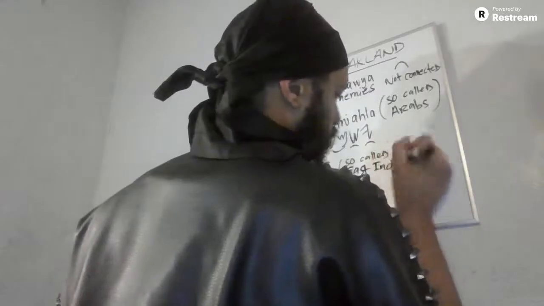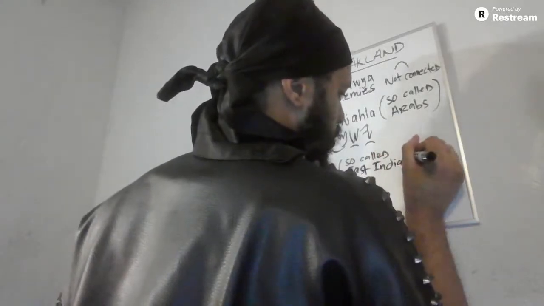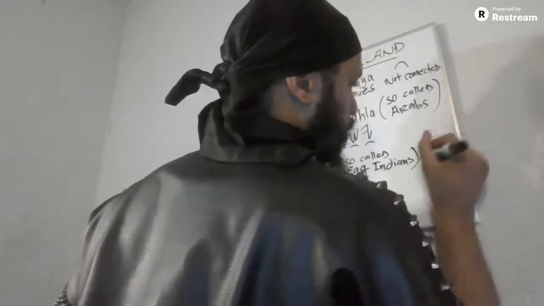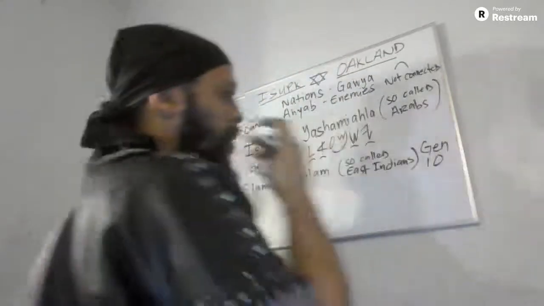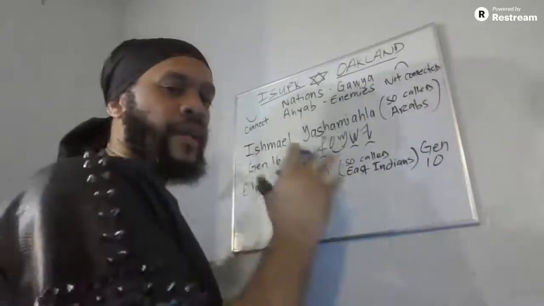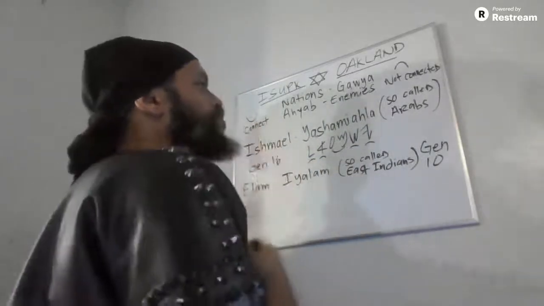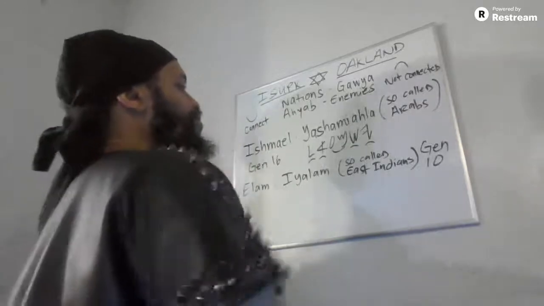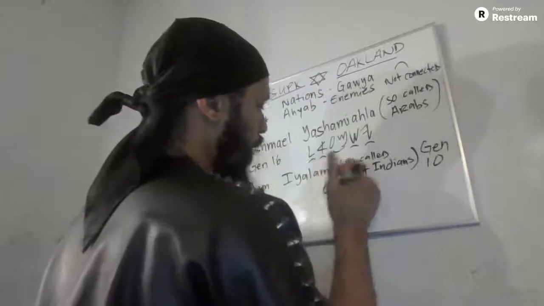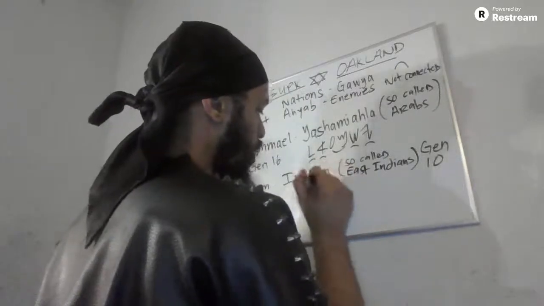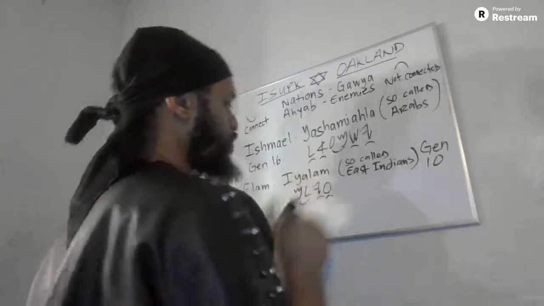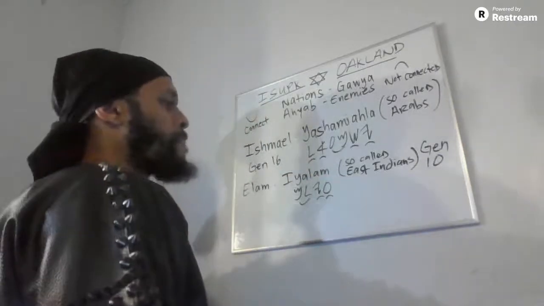East Indians. Read about them in Genesis chapter 10. All right, and that's when all the nations are named. All right. How that would look: I, ya, la, ma, I, ya, la. All right.